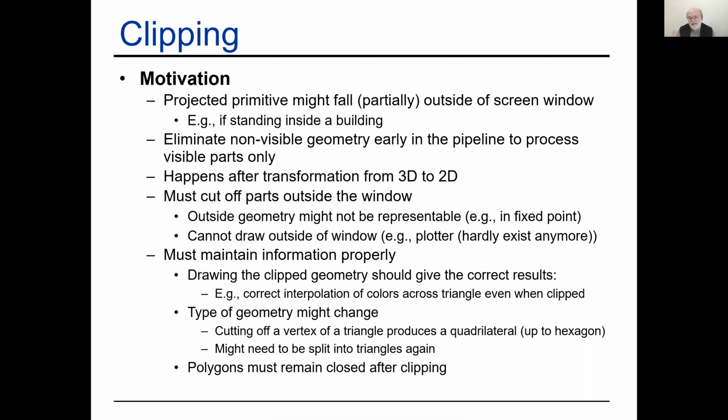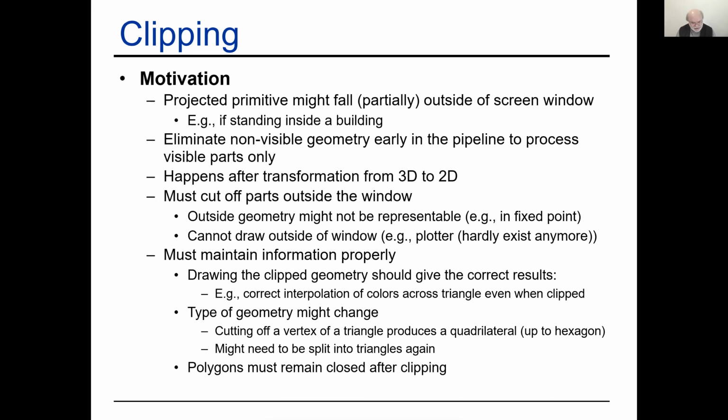And we want to do this as early as possible in the pipeline, because otherwise we're spending resources on processing something that at the end will not be visible, which makes no sense. The clipping operation usually happens after the projection and the transformation from 3D to 2D, but as we'll see a little bit later, we can actually do some of that also in 3D.